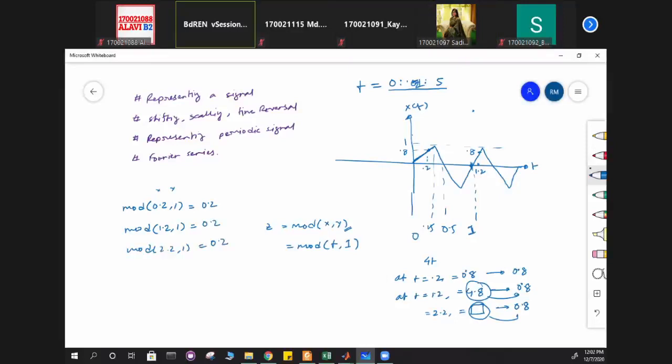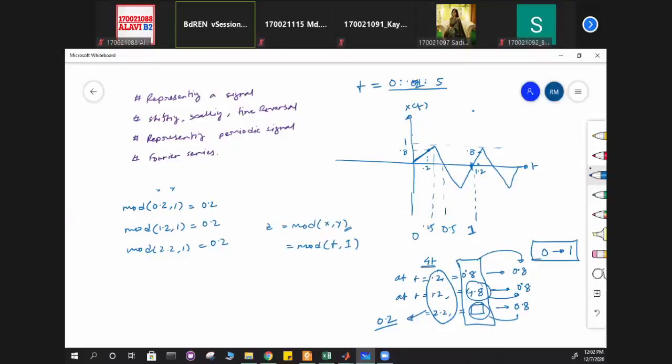So the same thing that we are asking here is that all these values should be within the range from 0 to 1. If all these values are transferred to 0.2, then we can have 0.8 for all the cases because the equation is 4t.